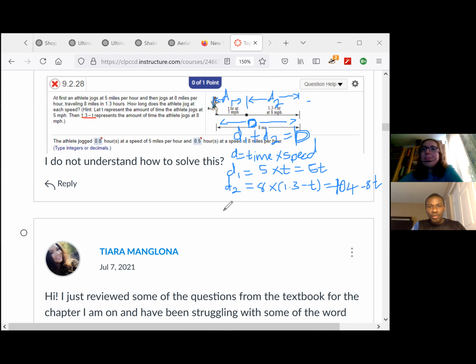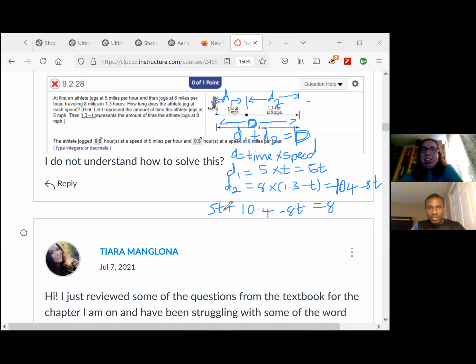So if we go back to our equation, D1 we said is 5T, plus our D2, which is 10.4 minus 8T, right? Then this is equal to D. But we know what D is, remember? The total distance covered is 8.